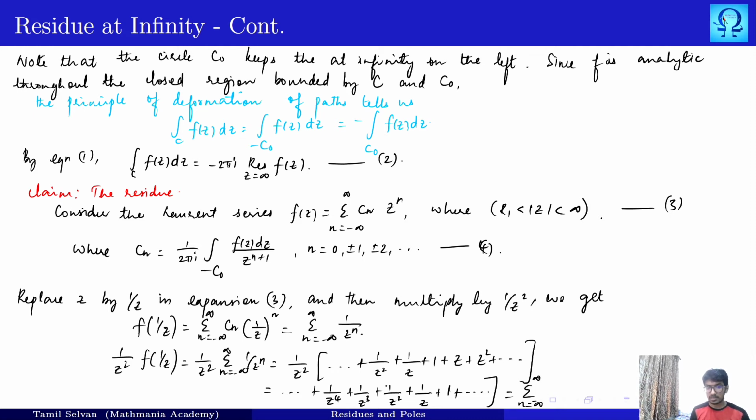In all the places we have added power 2, so we can write 1 upon z to the power n plus 2.